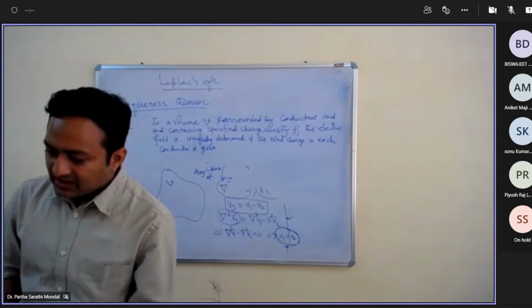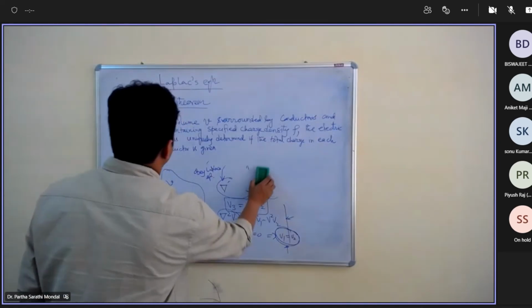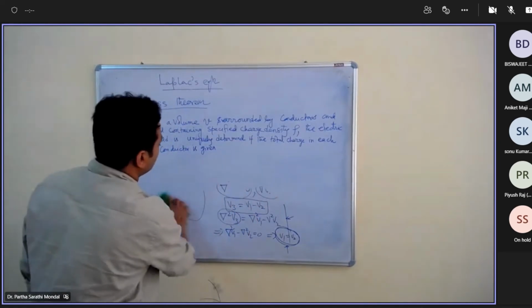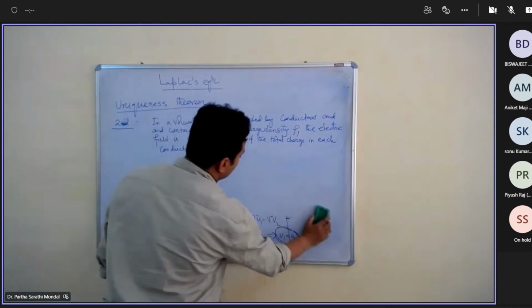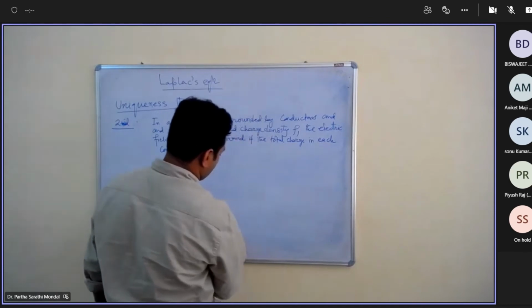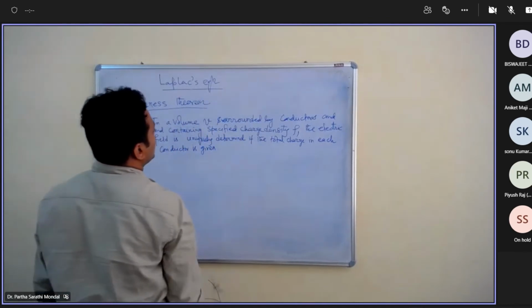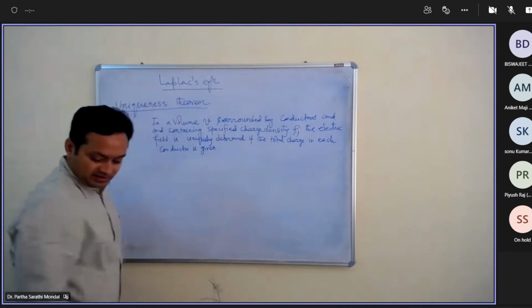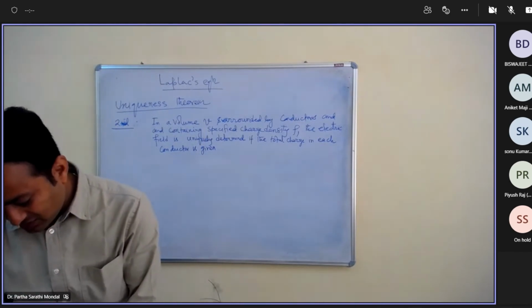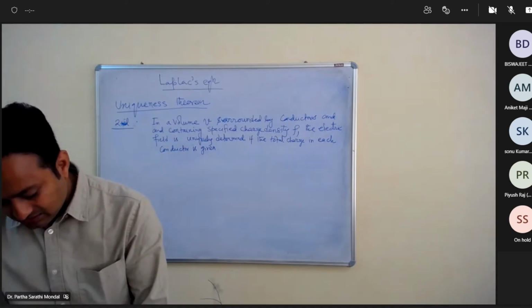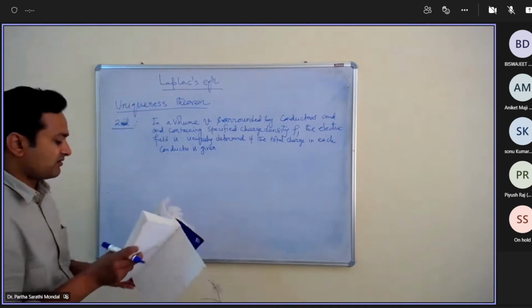So here the total charge is not zero; here there is a charge distribution. But the charge distribution is actually not inside the surface, let's say you have a surface.